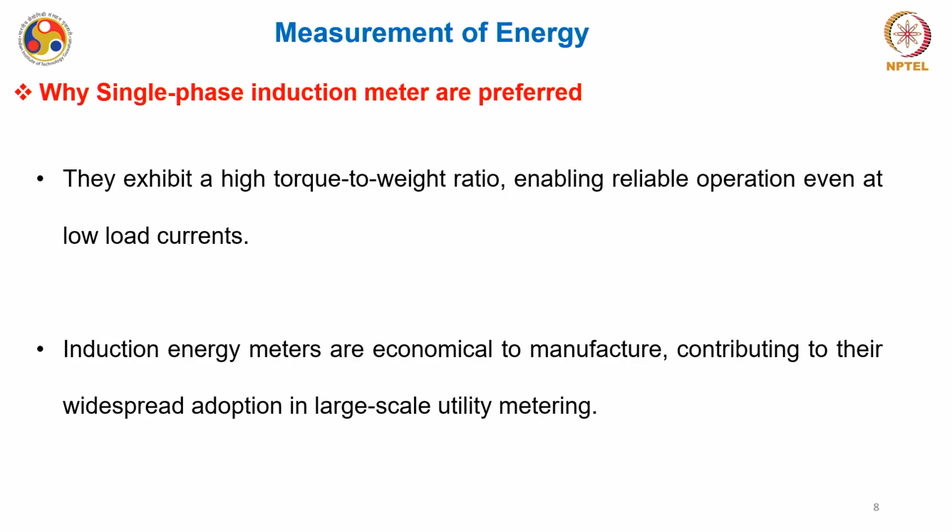Single phase induction meters are preferred because they exhibit a high torque to weight ratio. This enables reliable operation even at low load conditions or low load currents. Induction energy meters are very economical to manufacture, because as I have mentioned, there are two electromagnets and an aluminum disc that is rotated. Of course, there are multiple components that we will discuss when we talk about its construction in a little more detail, but in general this is a low cost analog tool. They are very much acceptable across households as well as certain industries.